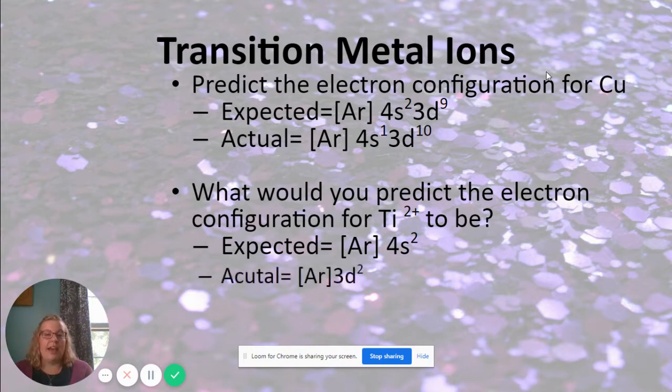However, the actual electron configuration for basically any of the ions in the 3D shell is that they lose their 4s electrons first before they start to lose their d electrons. So in the case of the titanium 2+ ion, its electron configuration is actually argon, and then 4s2 is gone, and the 3d2 is all that's left.